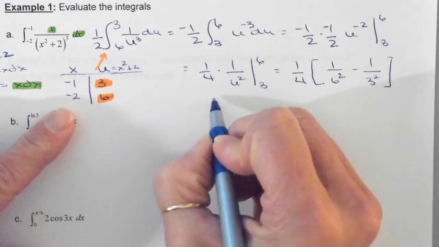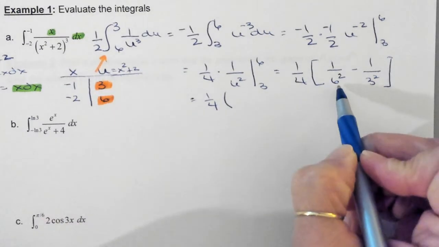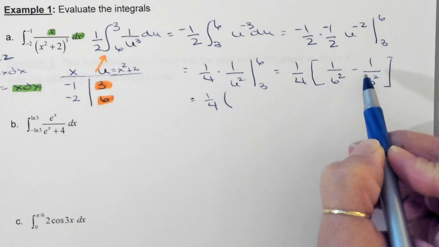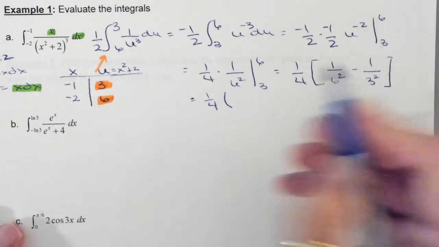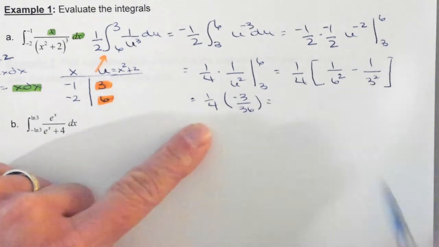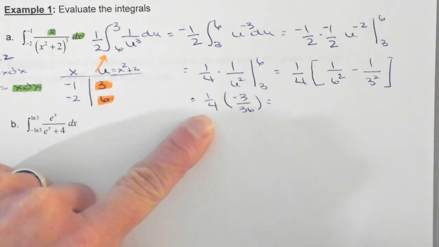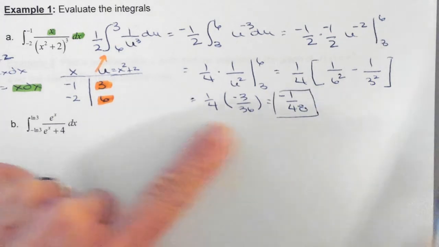So now we have 1/4 times 1 over 36 minus 1 over 9. So what is that, 4 over 36, so negative 3 over 36. I know that can simplify. So what is that? Negative 1/12 times 1/4. So it's negative 1 over 48. That's my final answer, simplified.